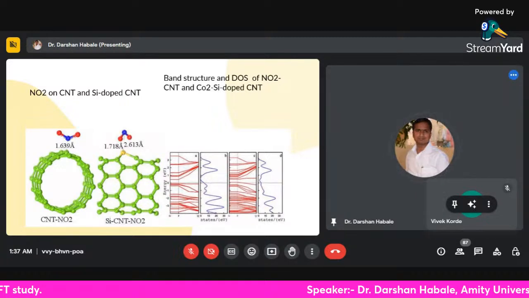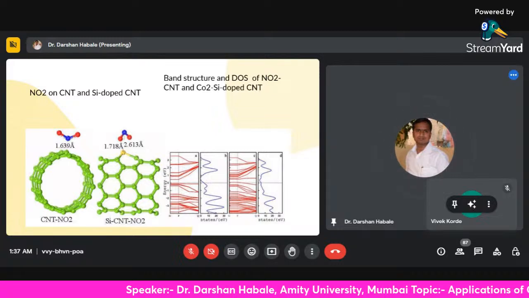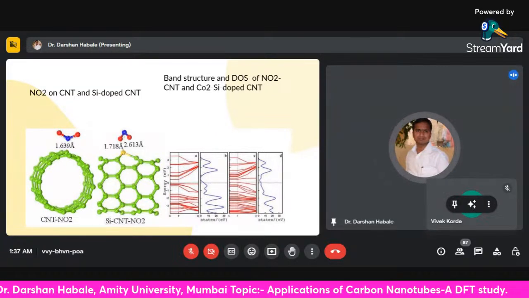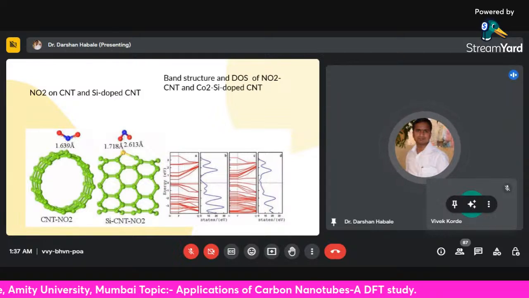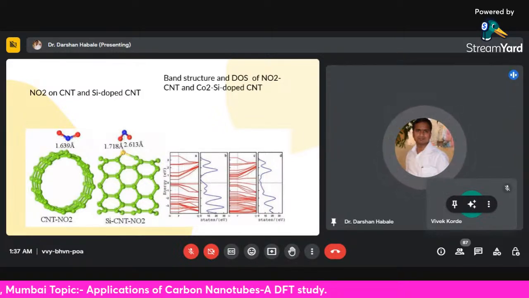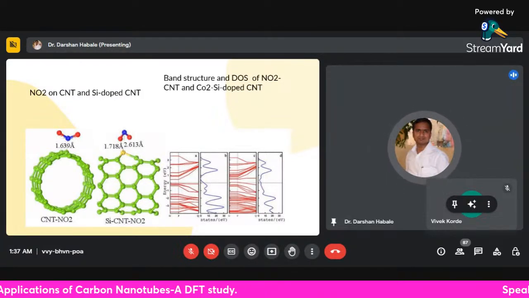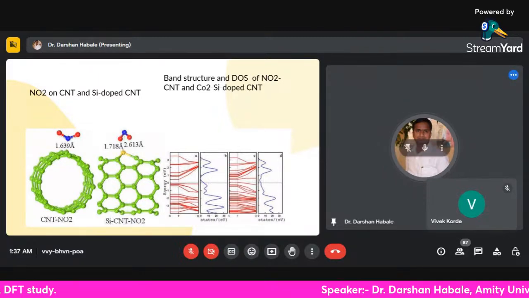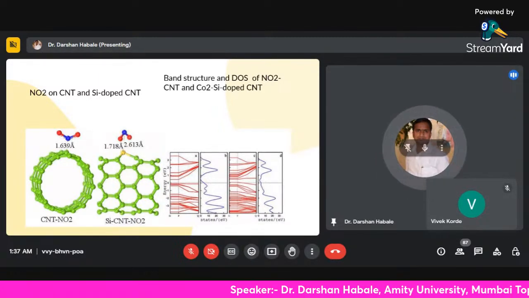But that is not true for other materials. CO2, SO2, they are not getting adsorbed on CNT, but this can easily adsorb on pure CNT as well. And on the Si side of CNT, we also have a strong interaction between the NO2 molecule and the silicon atom.